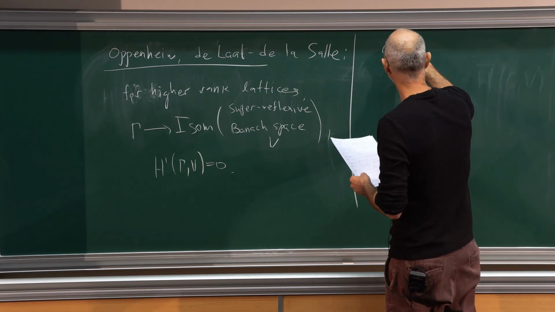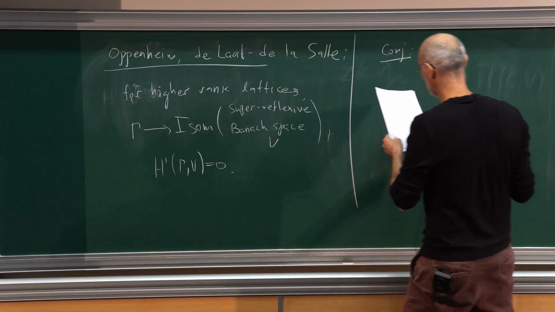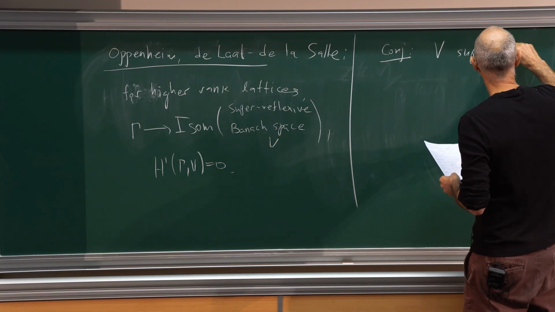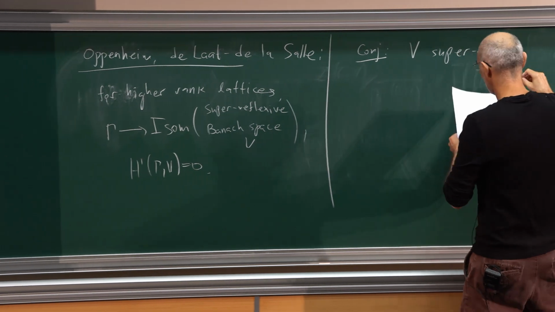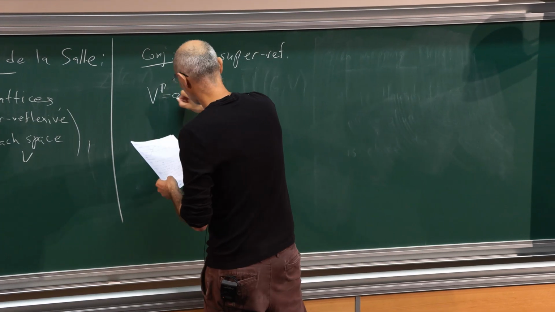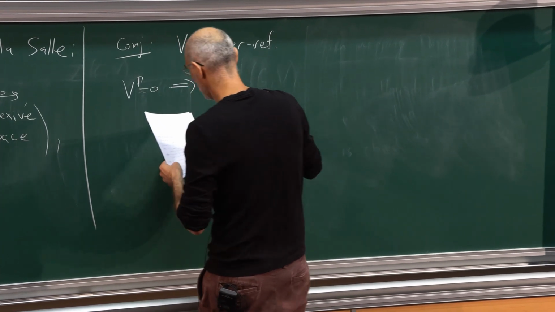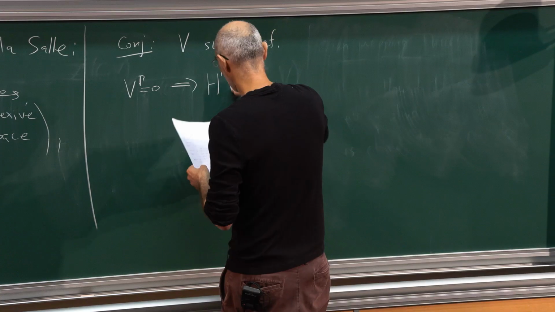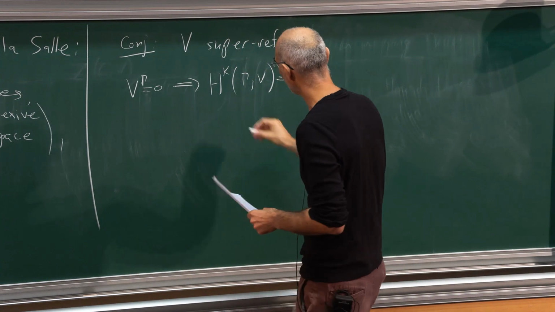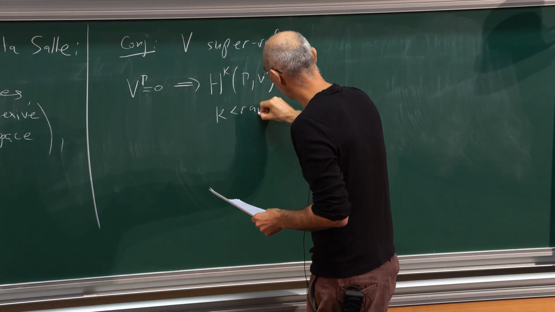Now the conjecture: V super reflexive and no invariant vectors implies vanishing below the rank.